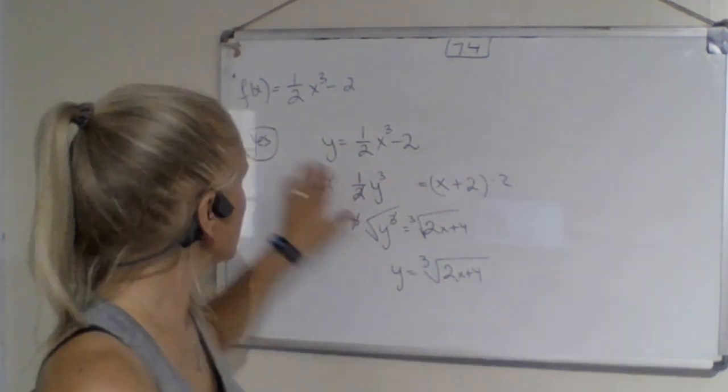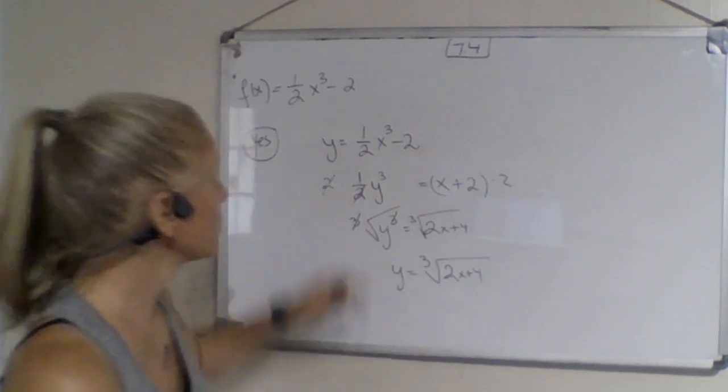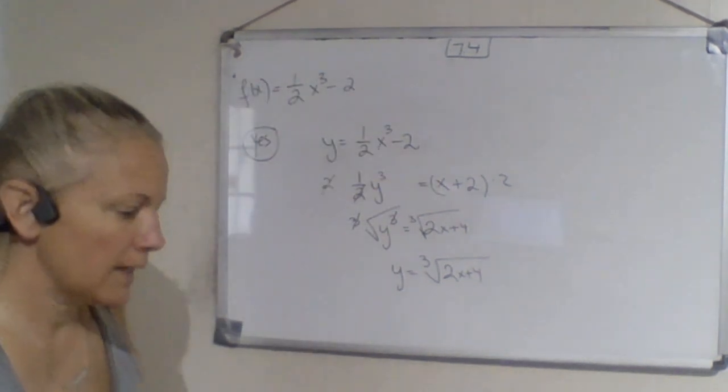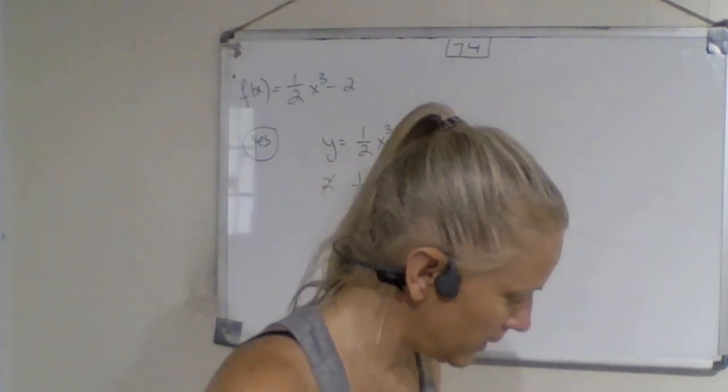This is the inverse, and I know it's a function because when I graphed the original one, my horizontal line worked great for me.